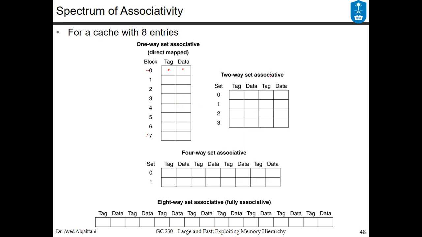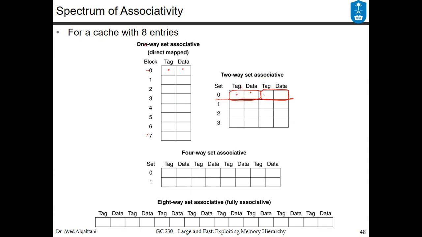Now, for a two-way set associative, this means that for each set, you will have 2 entries. So for each entry, you will store the tag and also the data. And they are equivalent. Either you store here or you store here. And if you want to read, you should check this one, and then you check this one. So you check 2 of them.